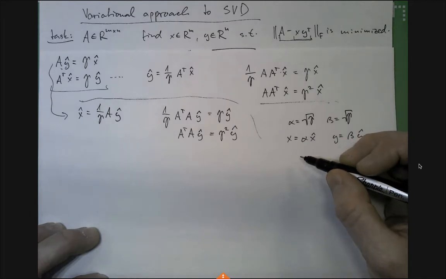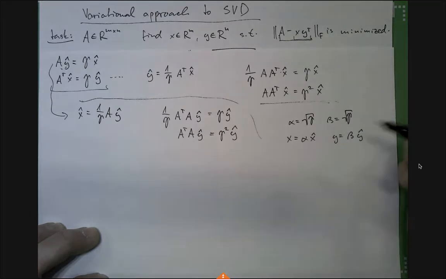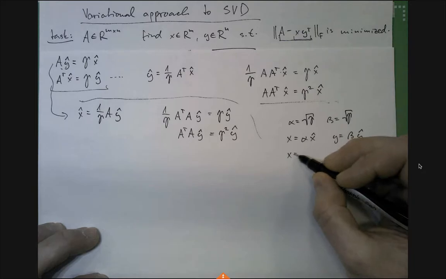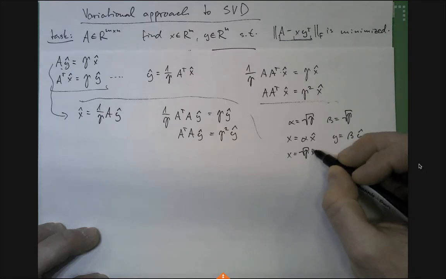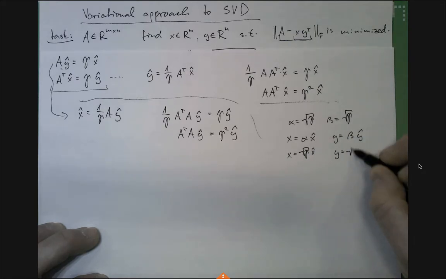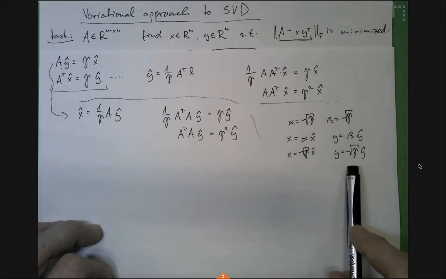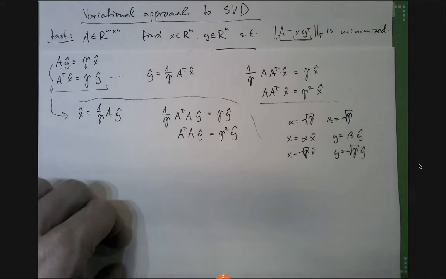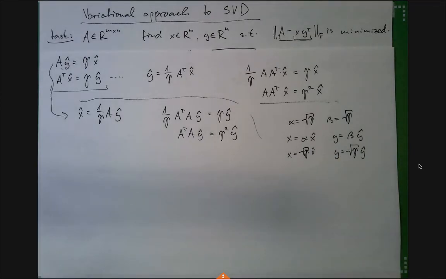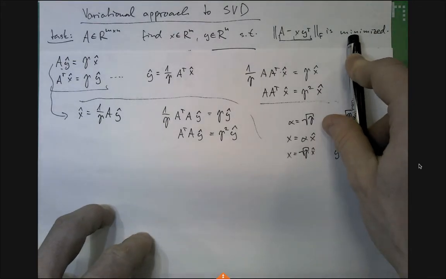So basically x is the square root of gamma x hat, and y is the square root of gamma y hat. This pair x and y is my critical point. Now my question is, which one is the best? Which one is actually the true minimum of that problem?